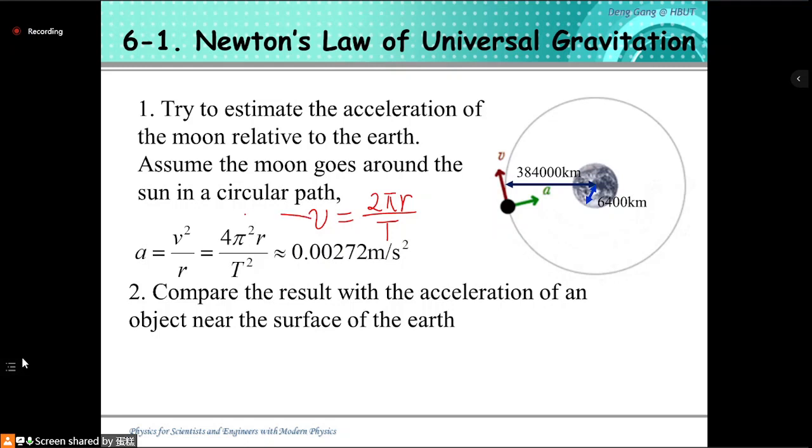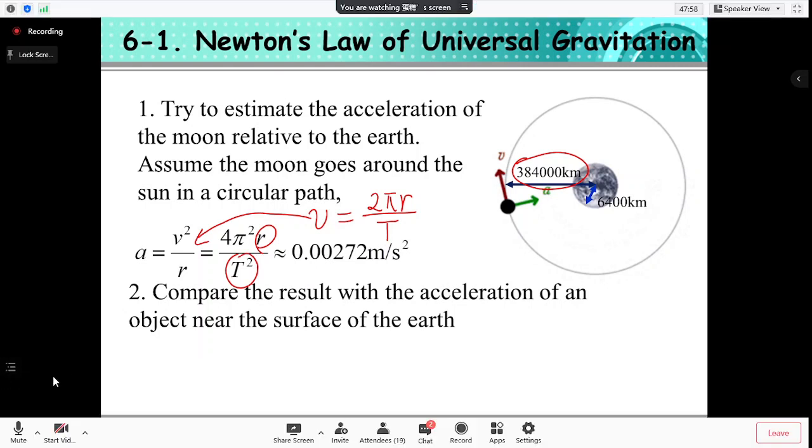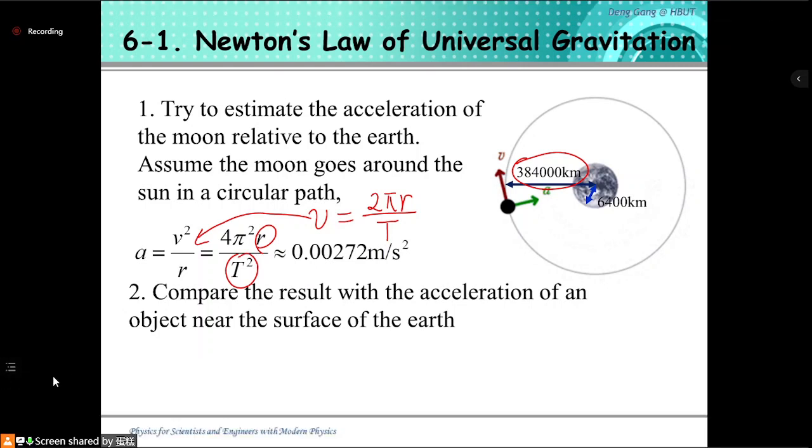We substitute it into here, we get this. And here r is this. And T, the period of the moon, is about 30 days. Just an estimation, that's enough. We only need to know the order of magnitude. So we use 30 days, so that we can get the result, the acceleration of the moon.